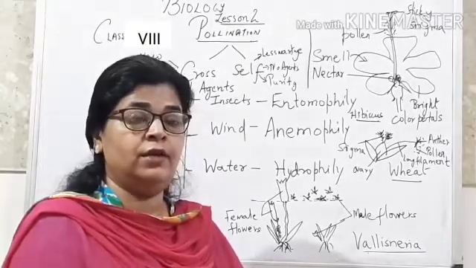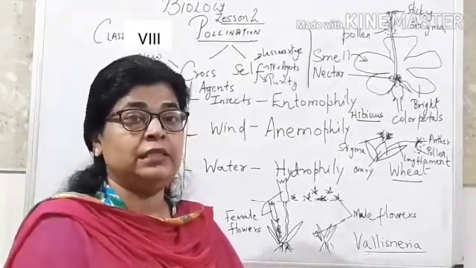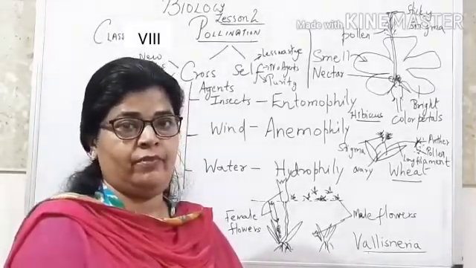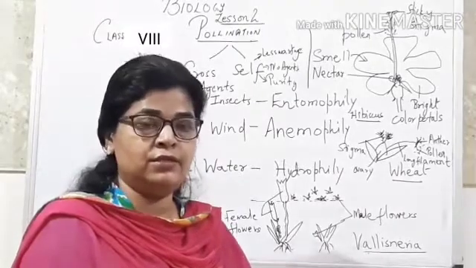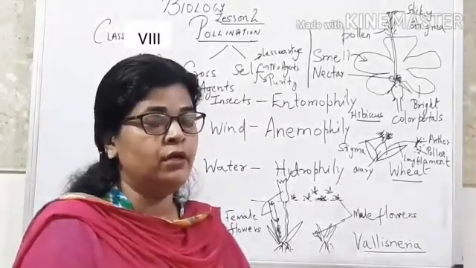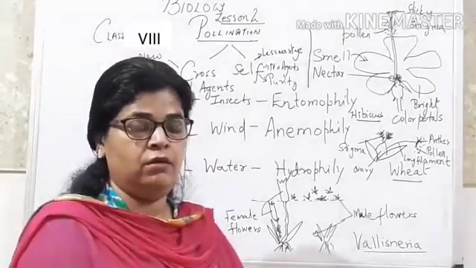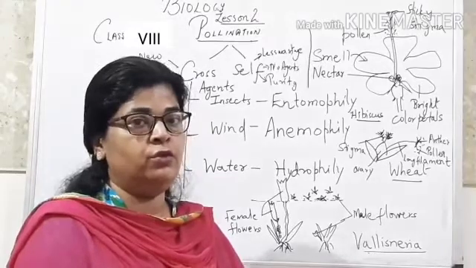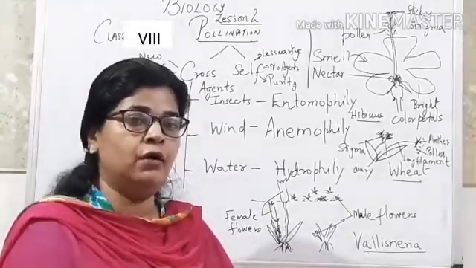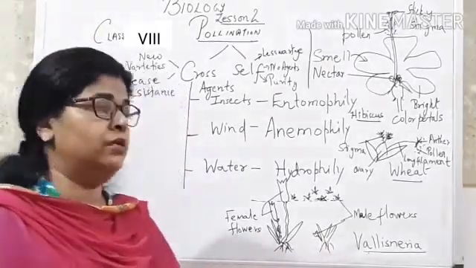This it does in order to attract insects towards itself, so that when the insect sits on the flower, pollen grains may stick to its body, and when it sits on another flower of the same plant, those pollen grains are picked up by the stigma, bringing about cross-pollination. So this is about entomophily.